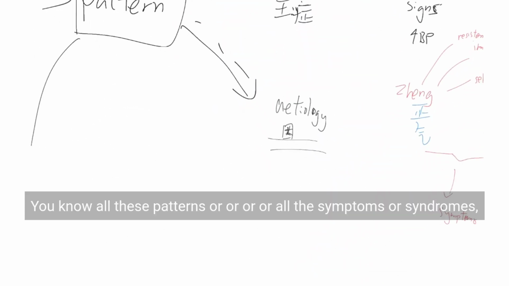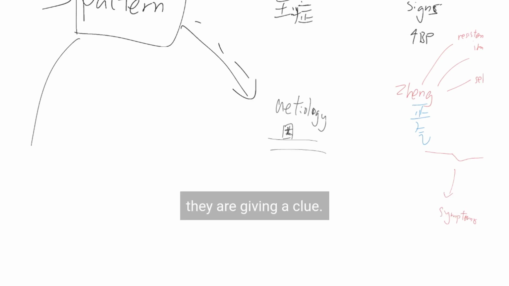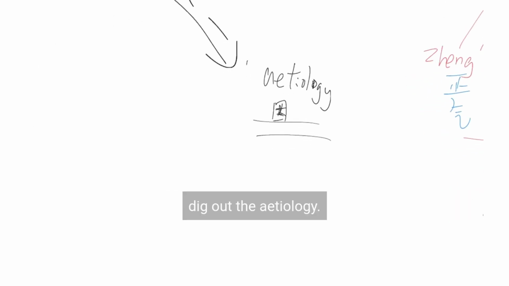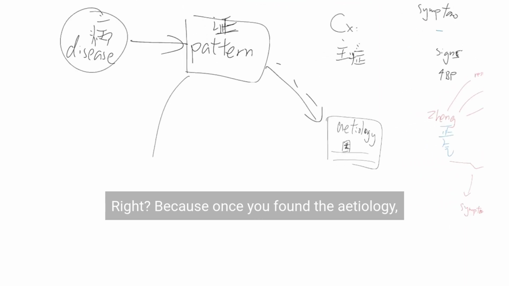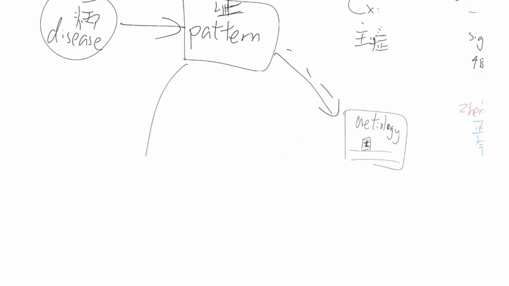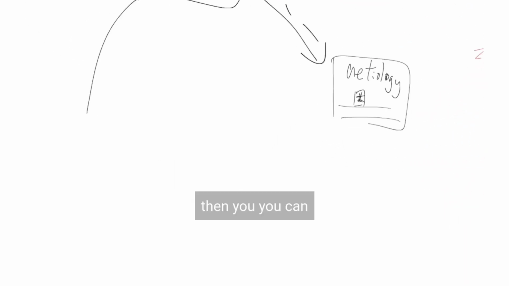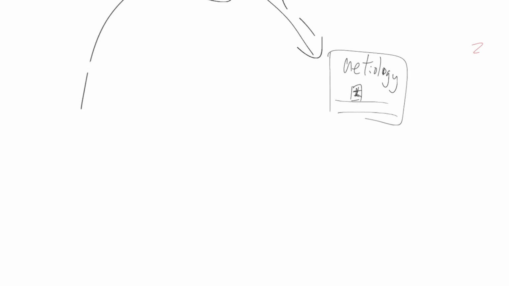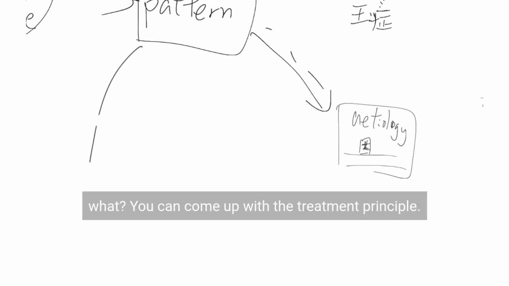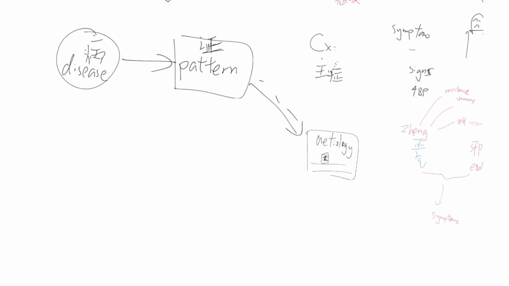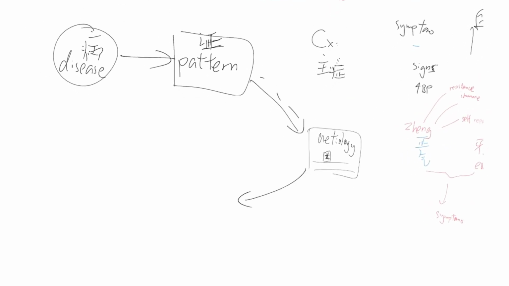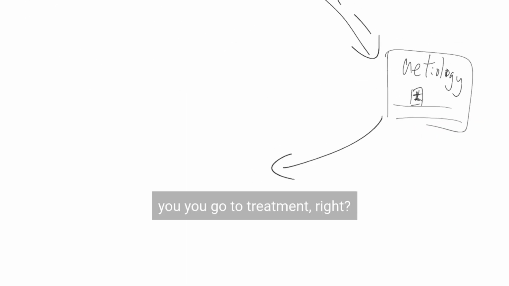All these patterns, all the symptoms or syndrome, are giving a clue to dig out the etiology. Because once you find the etiology, then you can come up with the treatment principle. You have the etiology, then you go to treatment, right?